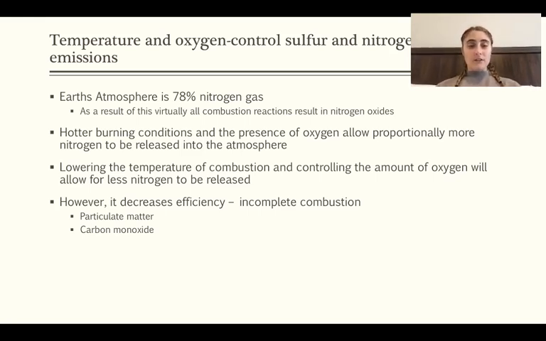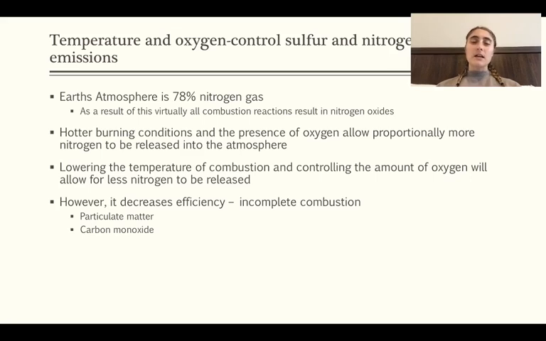The hotter that we burn, or the hotter that these combustion reactions take place in, and the more oxygen that's present, the more nitrogen is released into the atmosphere. So if we can decrease the temperatures and decrease the oxygen supply, that will decrease the amount of nitrogen that's actually escaping into the atmosphere.